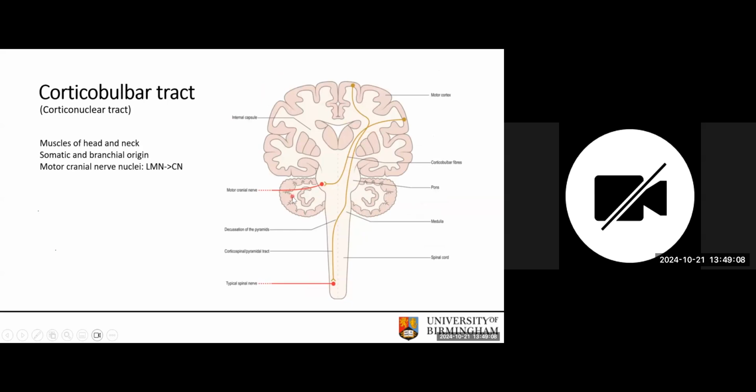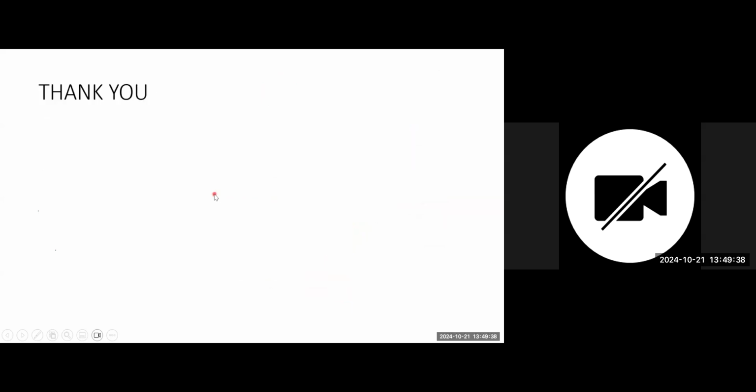So this is a simplified diagram of that. We have the information generated here in the cell body, in the gray matter. Now we have the axons, where the information is traveling through the white matter and going to synapse with the cell body of the lower motor neuron, and this one will take it into the cranial nerve.